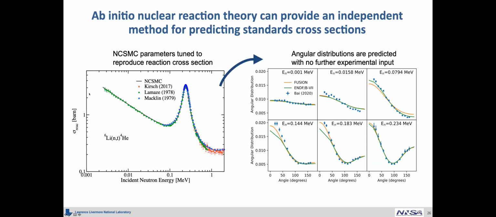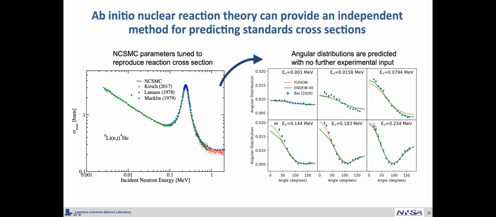However, once we compute the 6 lithium N-T reaction, I should say this is not what it looks like coming out of the box, but the NCSMC is formulated in a way that parameters can be modified slightly. So the positions of resonances and thresholds can be modified. So we obtained very good agreement for the cross section.